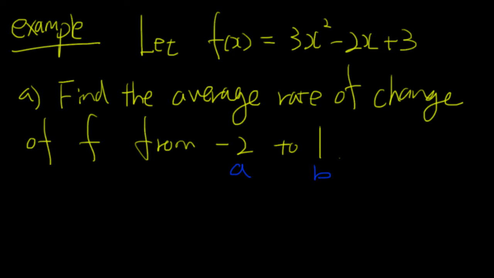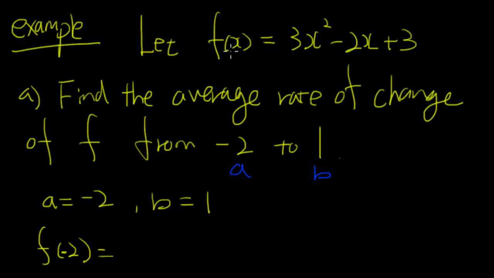So we know that A is going to be -2, B is going to be 1. We also need to find f of A. So what's f of A? Well, I shouldn't say f of A, I should say f of -2, because our A is -2.